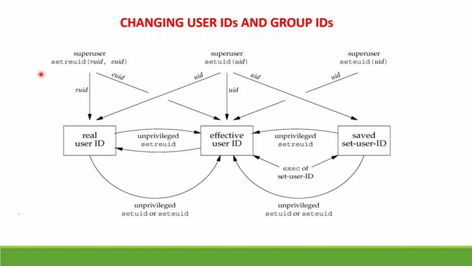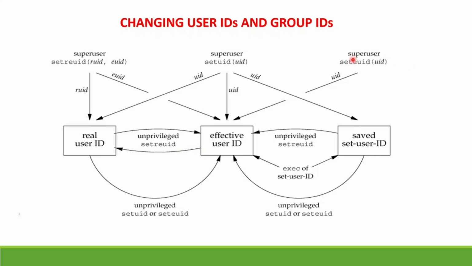And setreuid, as previously said, for an unprivileged user, is used to swap the value of real user ID to effective user ID and vice versa, right?